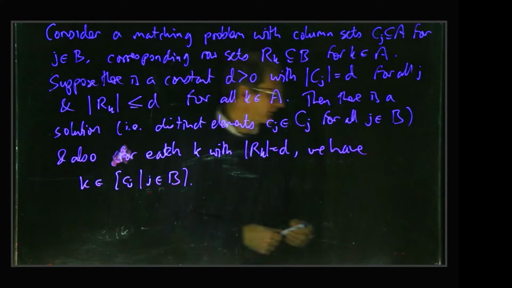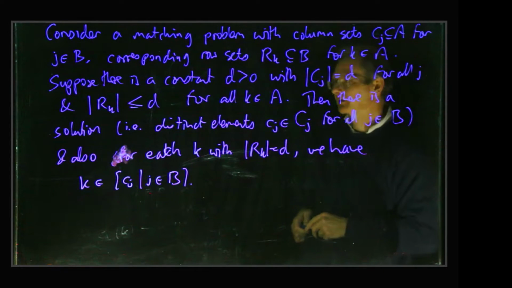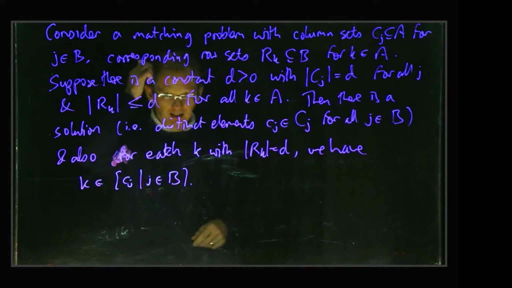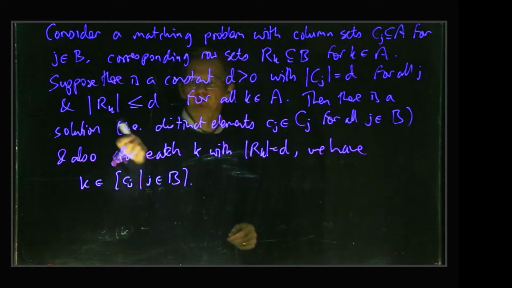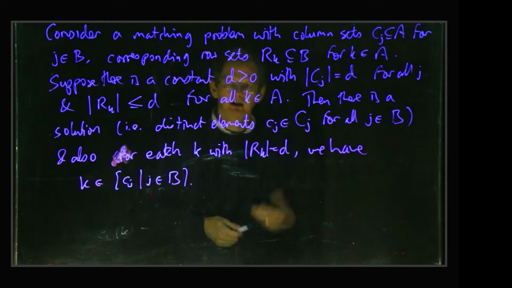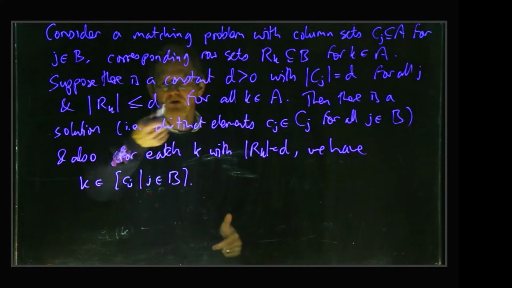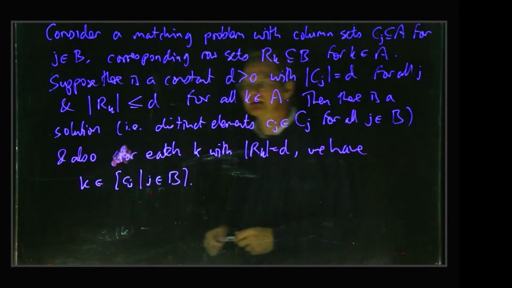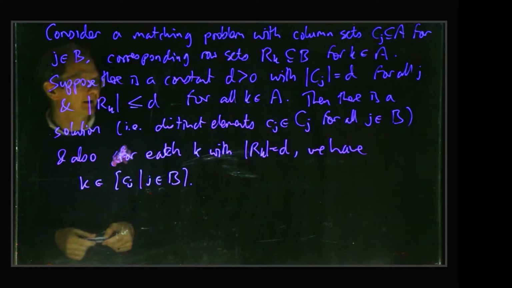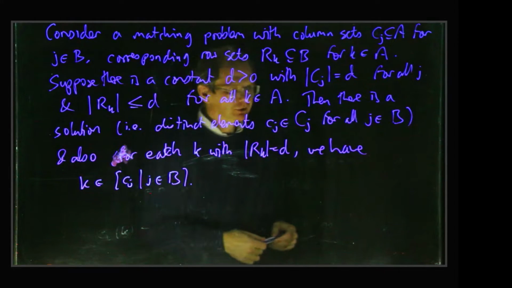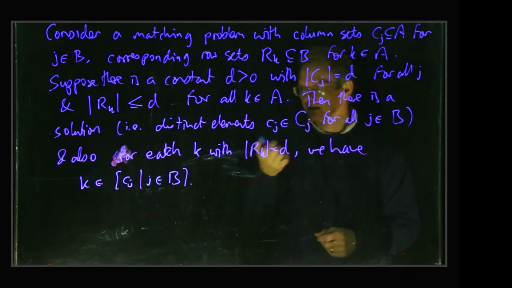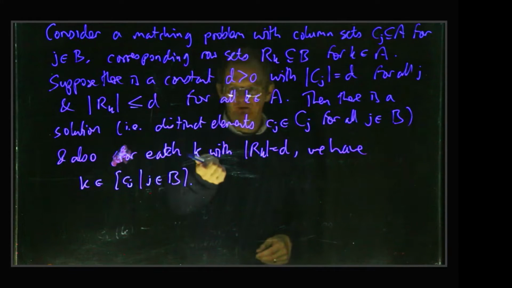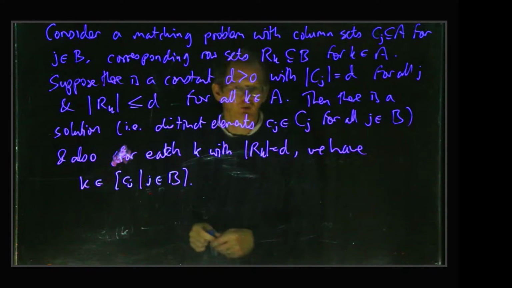So remember, this was in this job allocation setting. The size of R_k being less than or equal to d means that person k can do at most d jobs. The people for which the size of R_k is equal to d, so they can do the maximum number of jobs, we call those the talented people. In that language, the conclusion was that we could do an allocation in which every talented person gets a job. And here that's what we've just translated into a slightly more abstract language.